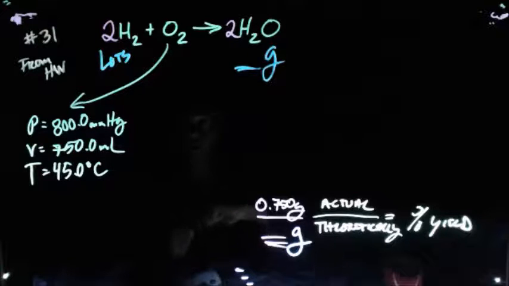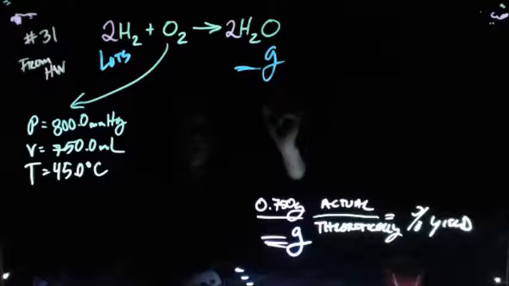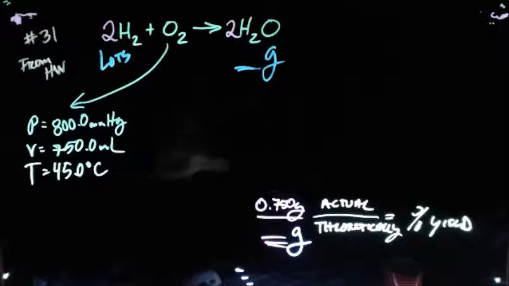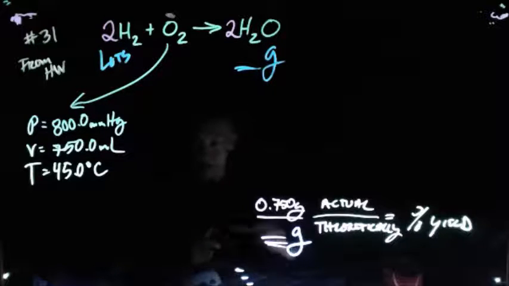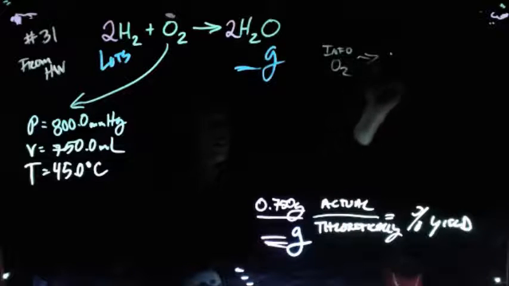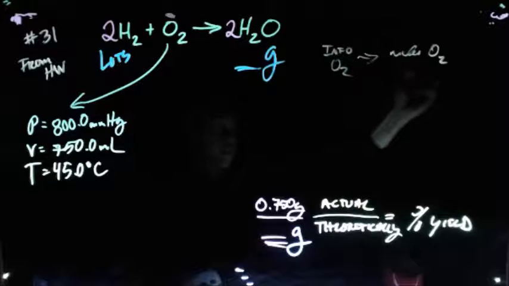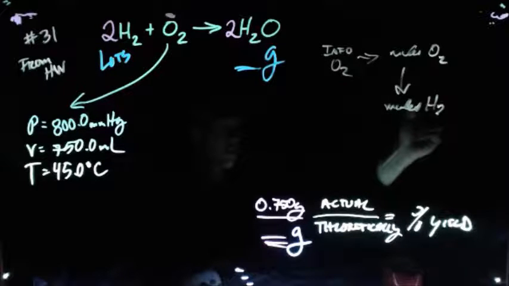In order for me to take information about one substance and find information about another, I'm going to need moles of oxygen so that I can then find moles of water. So the problem is going to look something like this. I'm going to take all this info they gave me about O2 and find moles of O2. After that, I'm going to find moles of water.